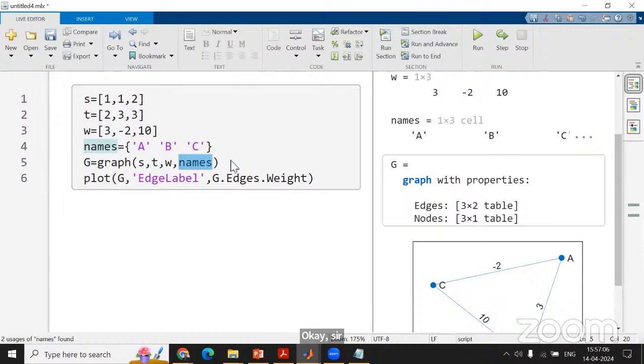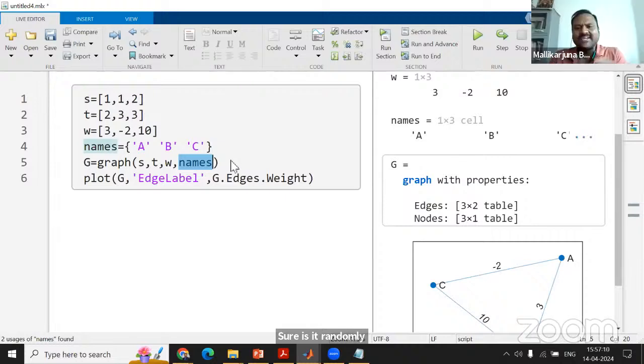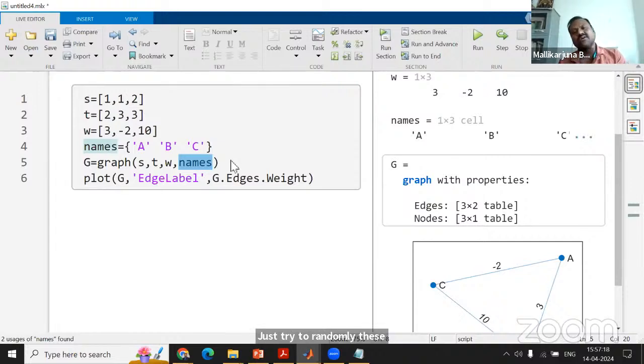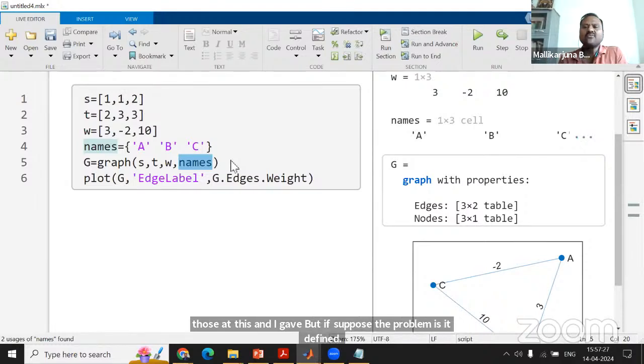Are the weights randomly allotted? On what basis are they given? No, I took them randomly. If you have a problem, I'll execute it as it is. I just took certain weights for those edges. But if the problem defines a certain weight for an edge, we can assign it here.